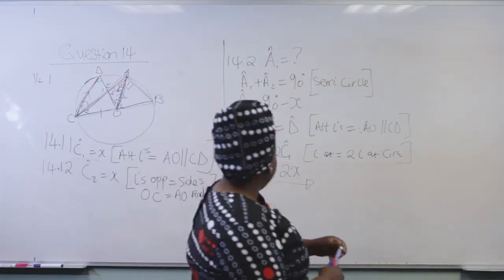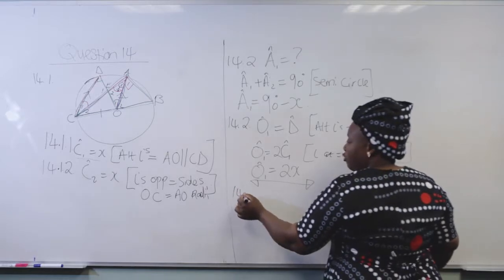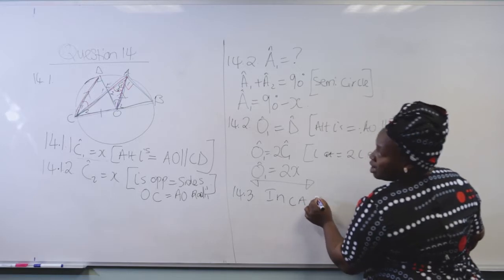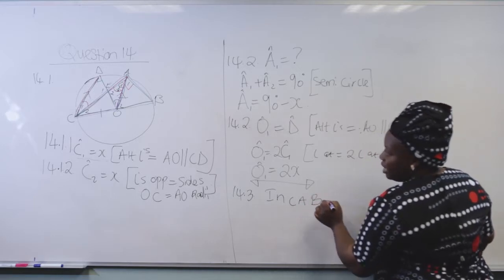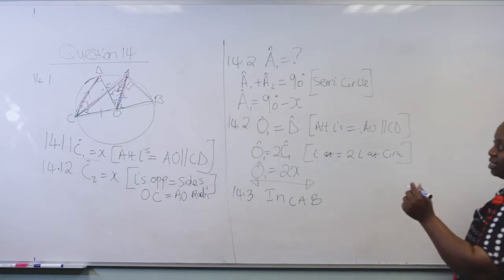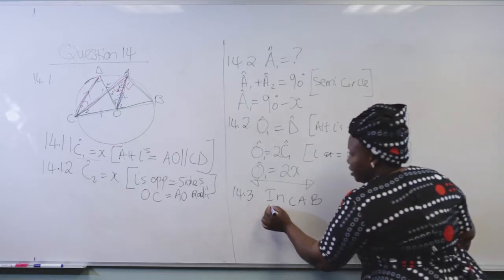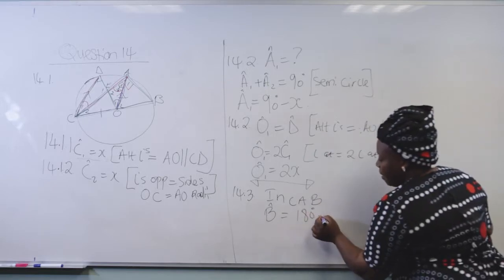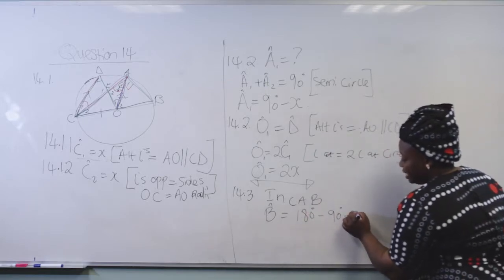Okay, let's write it so that it's simpler for us to understand. 14.3, let's look at the triangle CAB, whereby angle A in that is 90, angle C2 is X. So it means that angle B will be equal to 180 degrees minus 90 minus X.